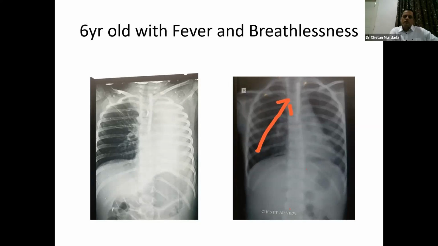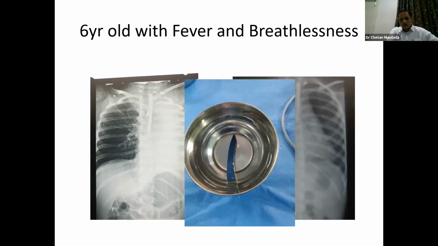So the child had to undergo pneumonectomy, and we could retrieve this mirror piece, which was so long. It was miraculous how the child survived that, and it all went on without anybody noticing. Even though the child was taken to a local doctor and attended to, nothing else was done, and the child ultimately lost one lung due to this.